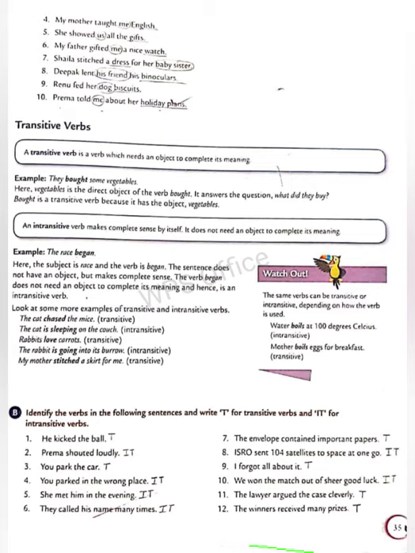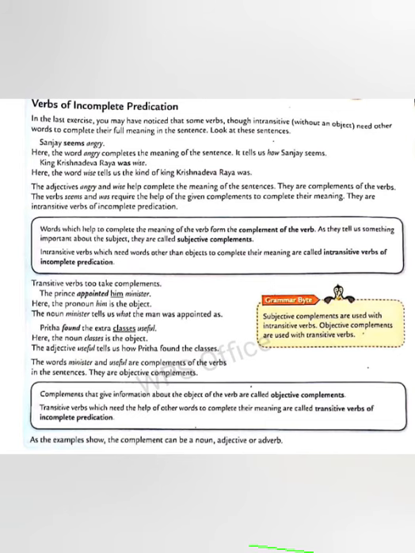Then verbs of incomplete predication. What are they? Sometimes we notice that intransitive verbs, without an object, need other words to complete their full meaning in the sentence.